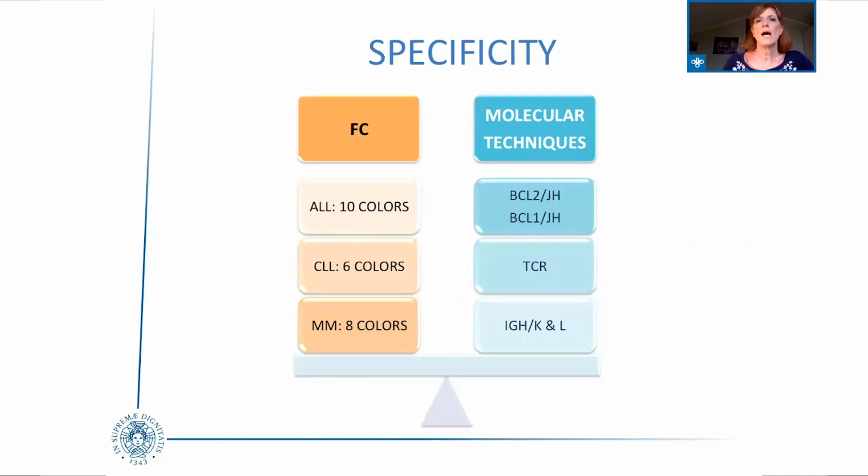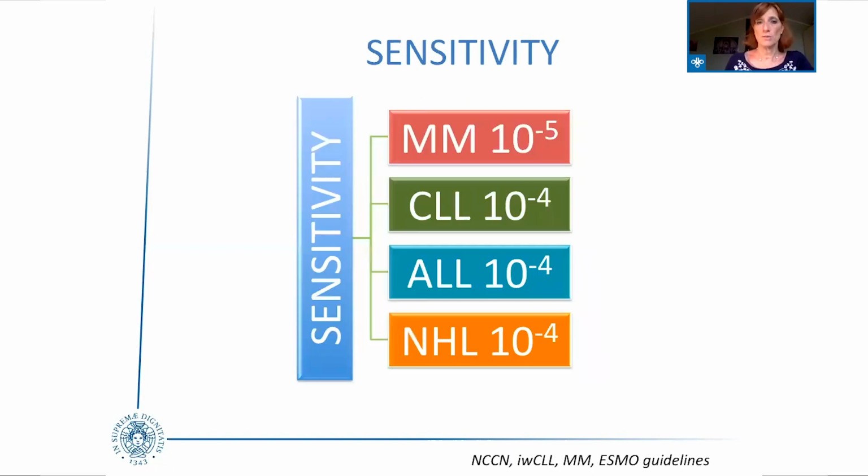If you count different millions of events and you combine different colors, by flow cytometry, you can reach a very, very high specificity. And this is the same by molecular techniques when you use specific molecular markers such as BCL1-JH or BCL2-JH rearrangement, and you add TCR or EGH rearrangement.